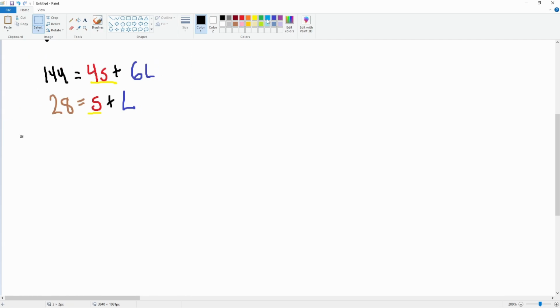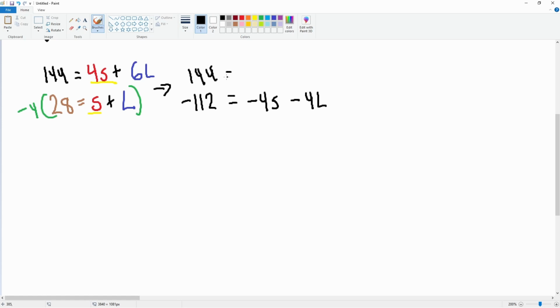So I'm going to multiply the bottom equation by -4. -4 times 28 gets you -112 is equal to -4S, distributing, plus -4L. The top remains the same. 144 is equal to 4S plus 6L.